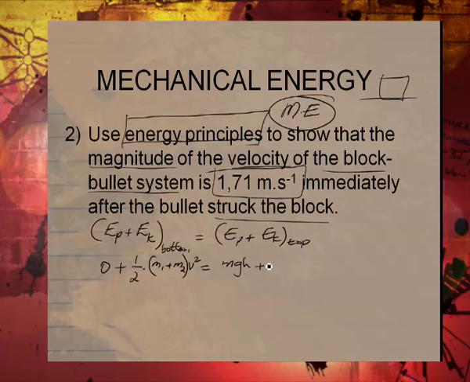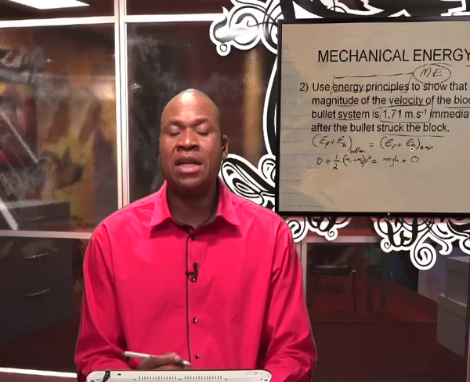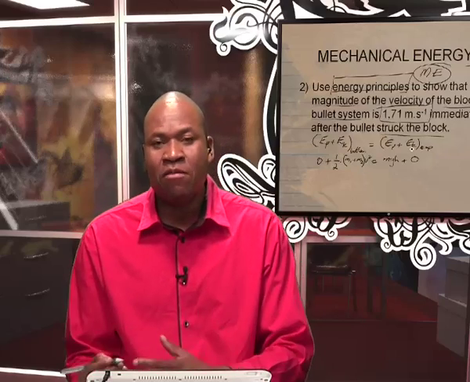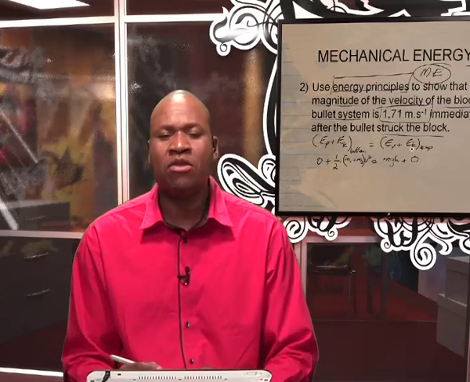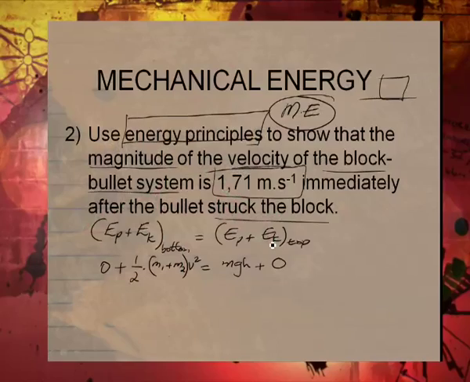But at that point at the top, where it stopped, we had no kinetic energy, because kinetic energy is energy of motion. The bullet-block system was not moving at that point, so we'll have it that way.